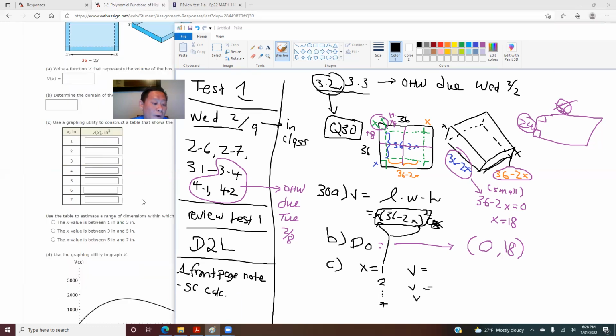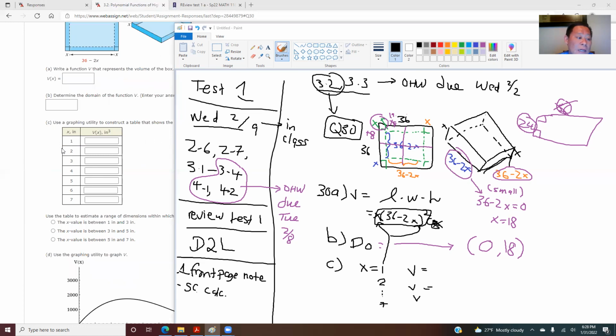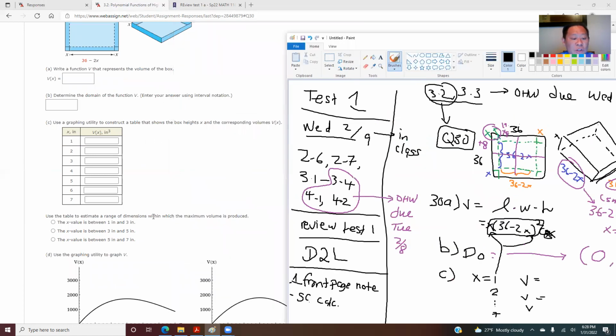So that is your question C here: you plug in there and find your V. And then after that, you have to use the table here to estimate the range of dimension which is within the maximum volume. In order for us to find the max, you just look at your volume here and figure out which of the x values gives you the maximum.